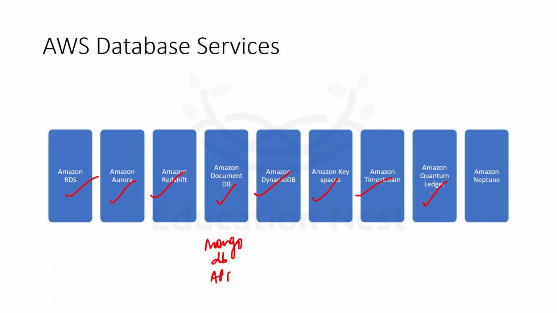The last type of database that we are going to talk about is Amazon Neptune. This again is a fully managed graph database service provided by AWS. It is designed to store and process vast amounts of data in highly connected domains such as social networks, recommendation engines, and fraud detection. Basically, this is a graph database optimized for storing and querying graphs.